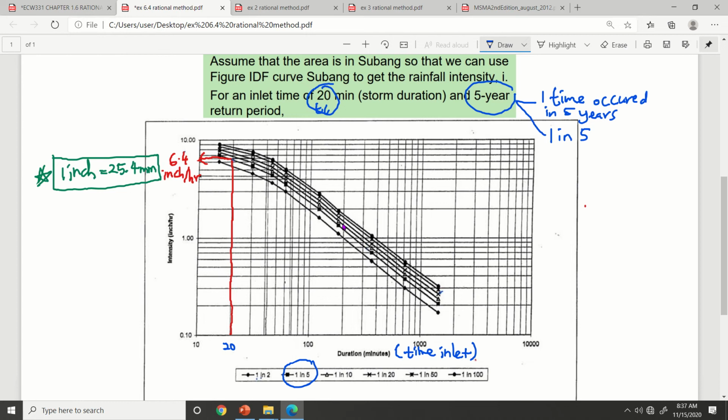So we use the 1 in 5 years curve, TC 20 minutes, and from this graph you will get I equal to 6.4 inch per hour. Then you have to memorize 1 inch is equal to 25.4 millimeter.